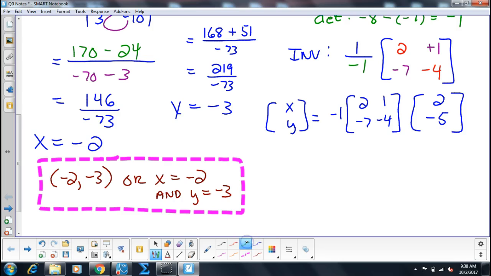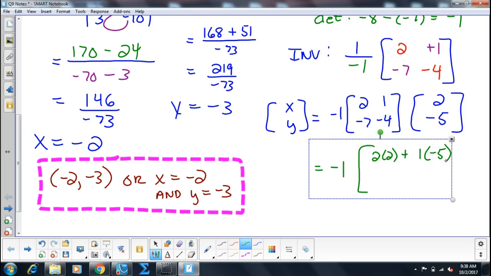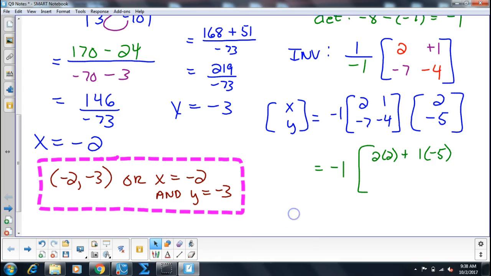So that's going to be negative 1 times 2 times 2 plus 1 times negative 5, and negative 7 times 2 plus negative 4 times negative 5.